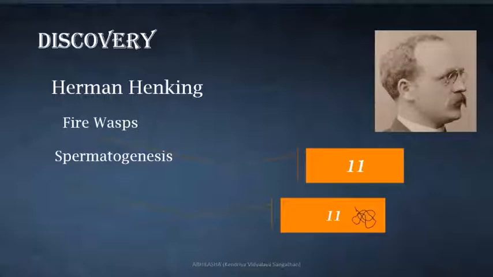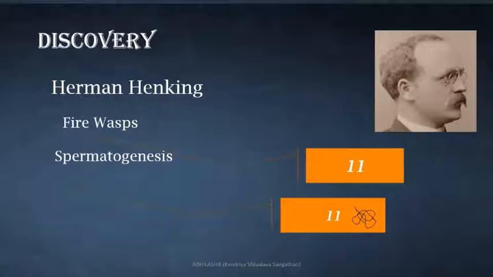Now he didn't know what this was, so he called it X body or simply X. As you say in math, an unknown quantity is called X. So now there were two types of sperms. Those with X along with the 11 chromosomes, these were the X type of sperms, and those which had only 11 chromosomes, there was no X, so O type of sperms.